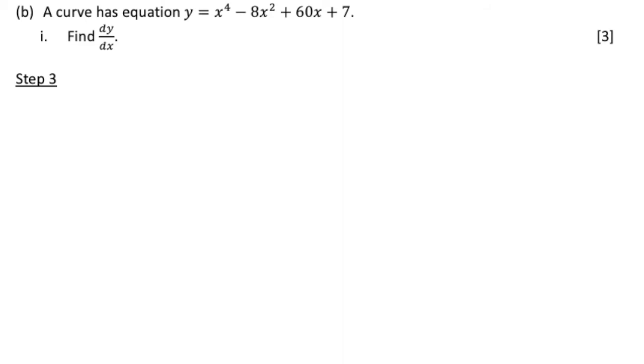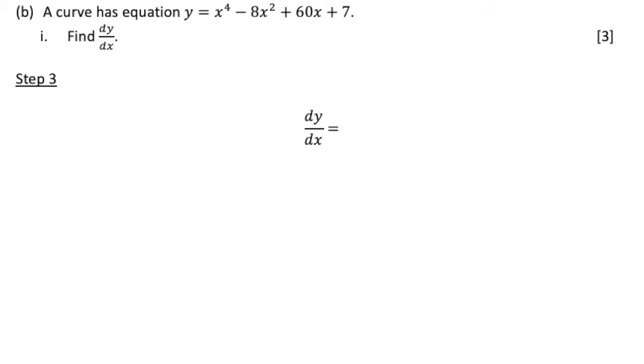The examiner does not use the word differentiation. The examiner used the standard symbol for the derivative of y with respect to x, and is expecting me to understand that and to know how to do this. So again, do exactly what the examiner is asking for.